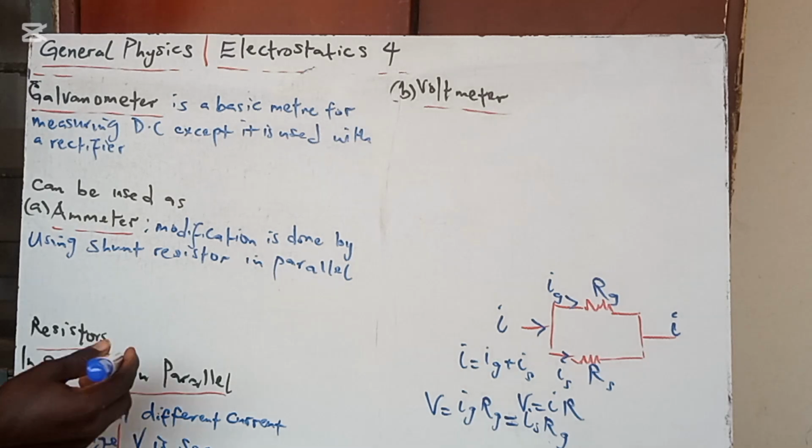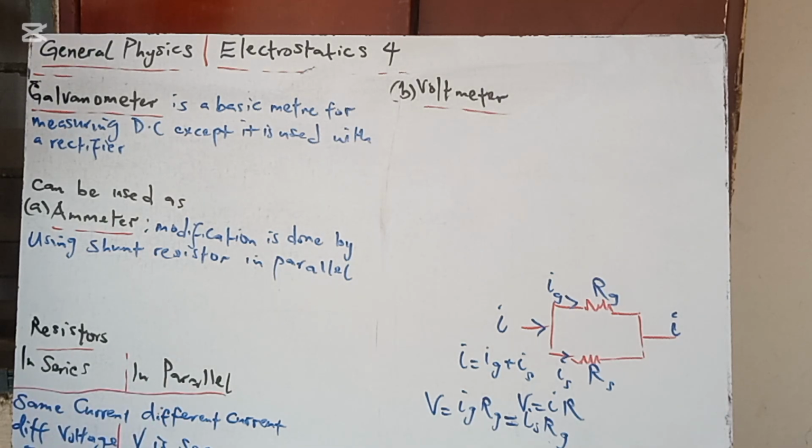For resistance in parallel, it's the inverse sum, 1 over R1 plus 1 over R2 and so on.